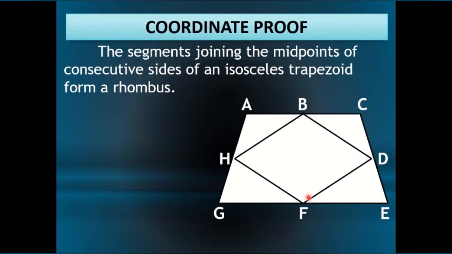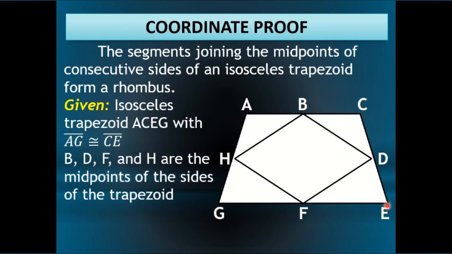The isosceles trapezoid has two opposite sides, line segment AC and line segment GE, that are parallel, and two other sides that are equal in length, the line segment AG and the line segment CE. So given this isosceles trapezoid ACEG, with line segment AG congruent to line segment CE.